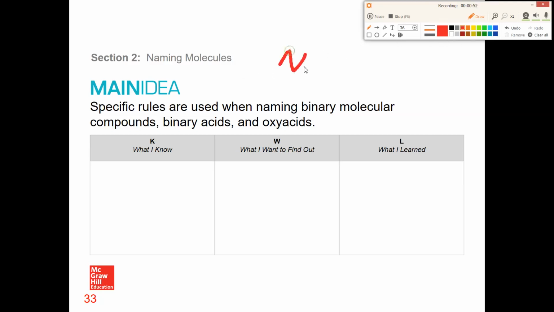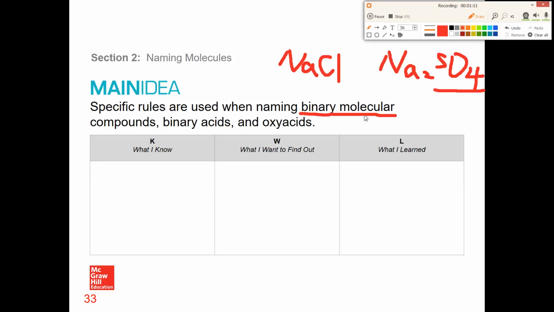It's similar in a covalent compound. It's a binary molecular compound, which is the same thing as a covalent compound, and binary acids and acids with a polyatomic group.